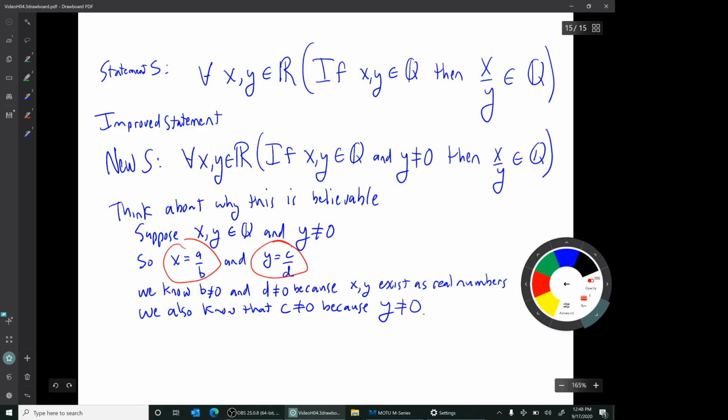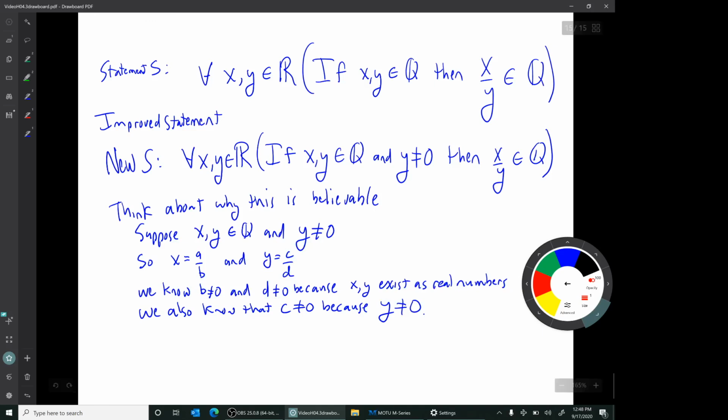They're rational numbers. And we know a lot of stuff. We know that the denominators have to not be 0 because x and y exist as real numbers. But we also know that this numerator, c, is not 0. And that's because y is not 0.